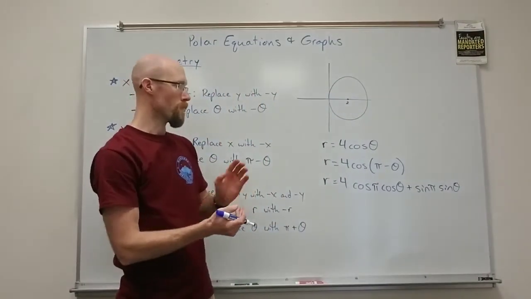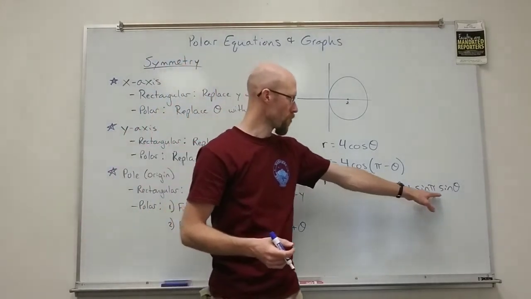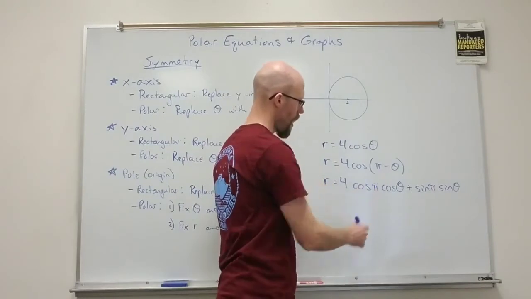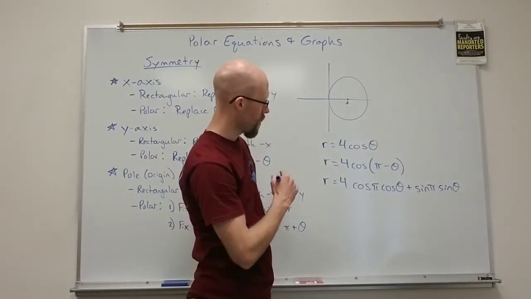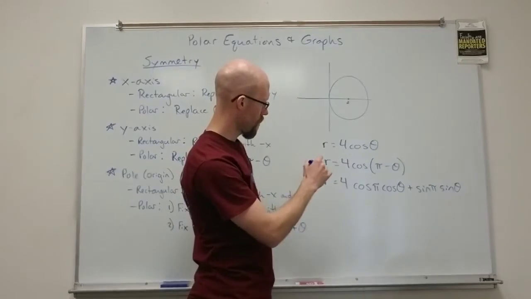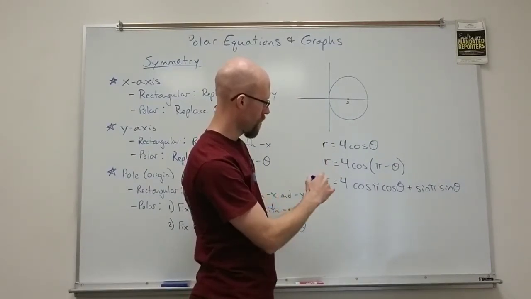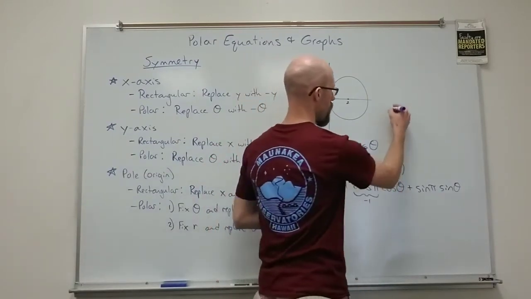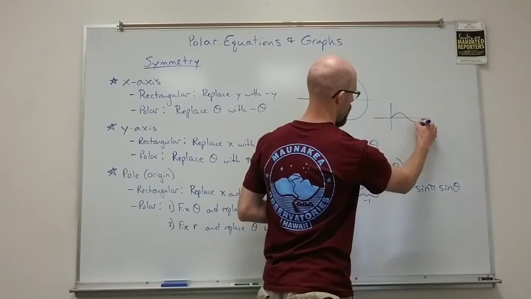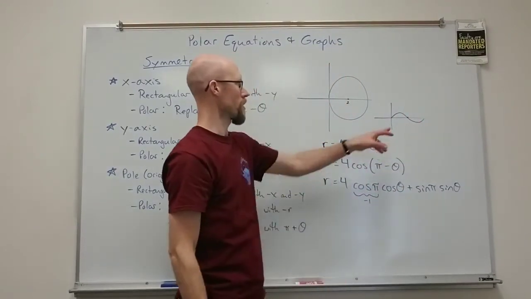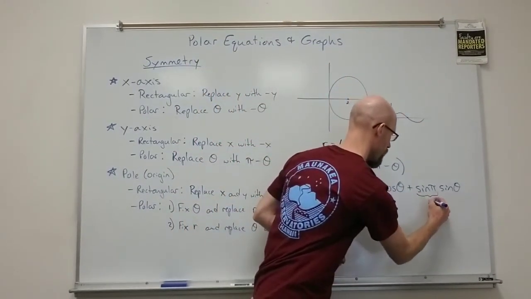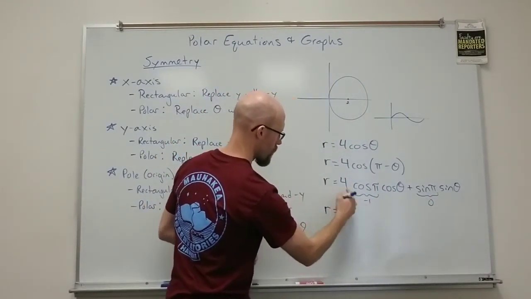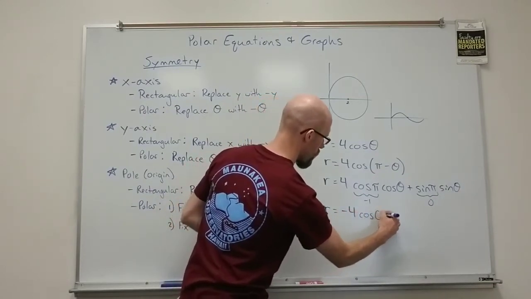Now if you evaluate the two trig functions with the pi, the cosine of pi is -1, right? And the sine of pi: pi happens halfway across the wavelength, so that's 0. So this one is 0, that one's -1, and so I end up with r equals -1 times 4, -4 cosine theta.